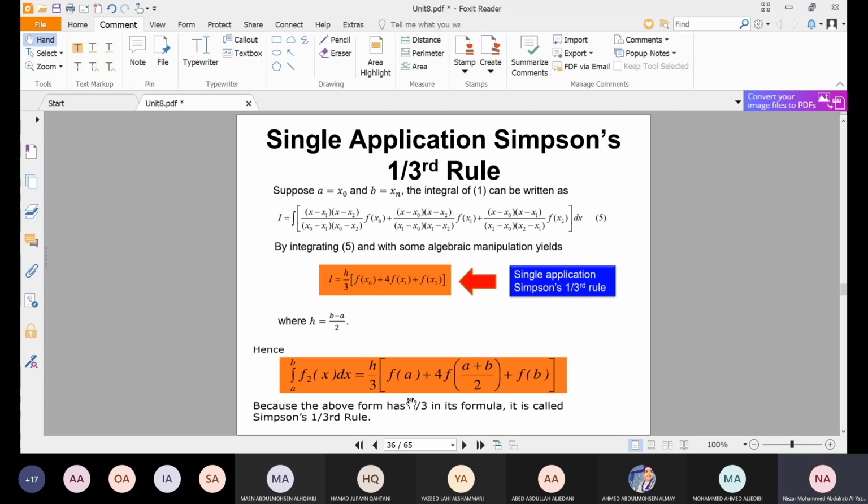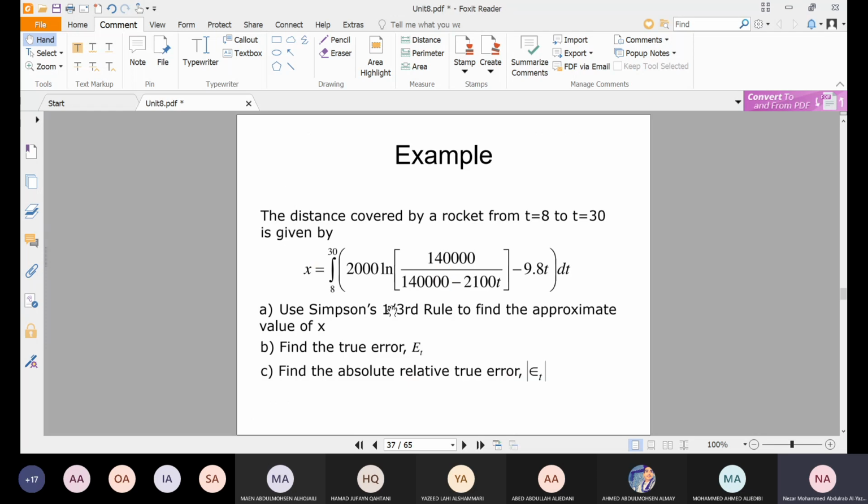So this is how we can determine the integration of the function using the Simpson rule.